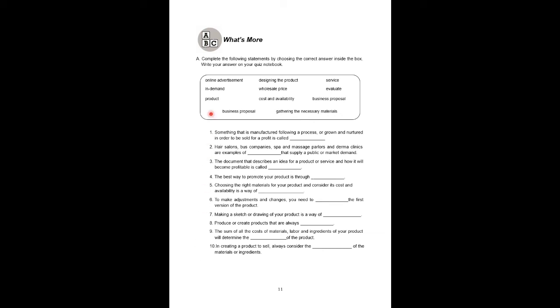All you need to do is to choose the right word for you to complete these sentences below. Again, you can pause this video, and if you cannot see clearly the words here on the screen, you can open your modules for you to read the sentences clearly. You may start now.